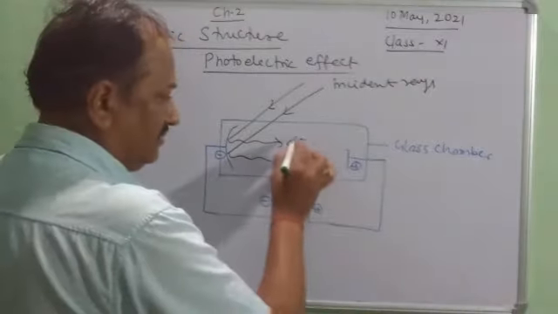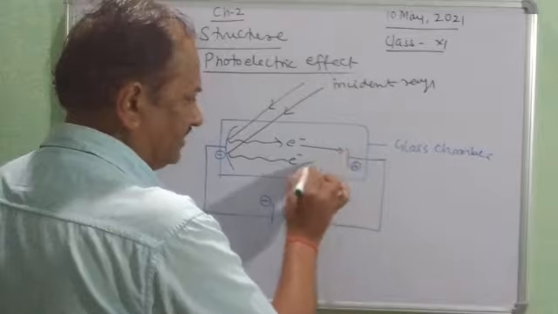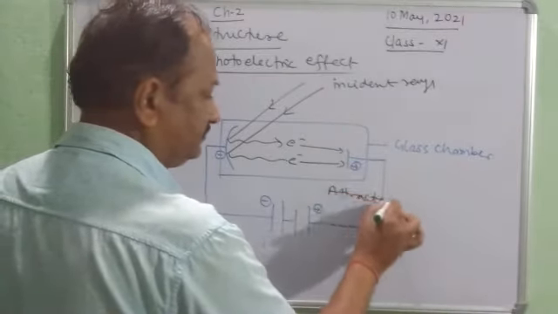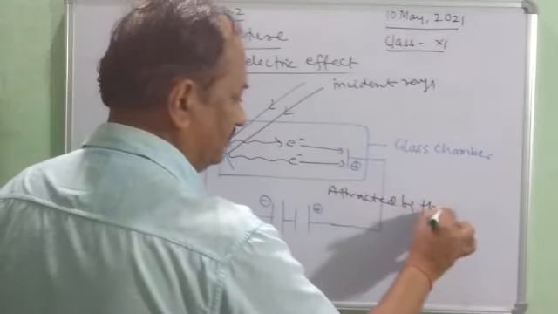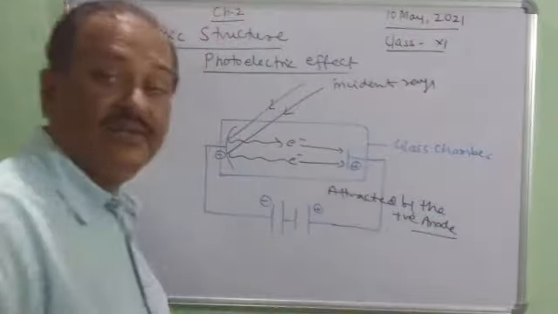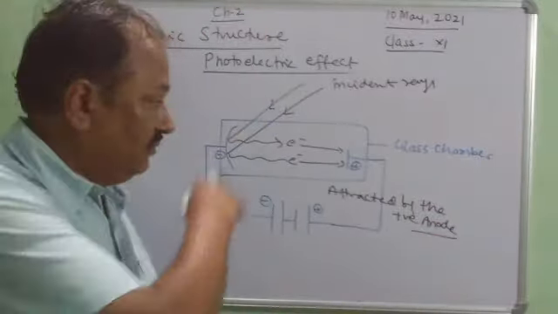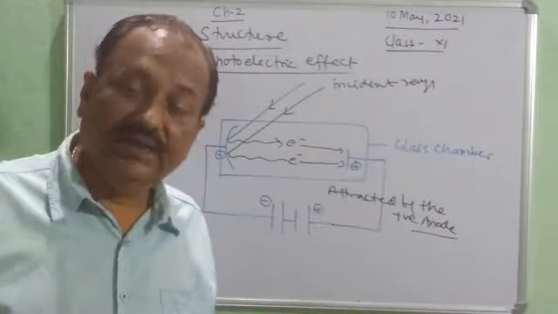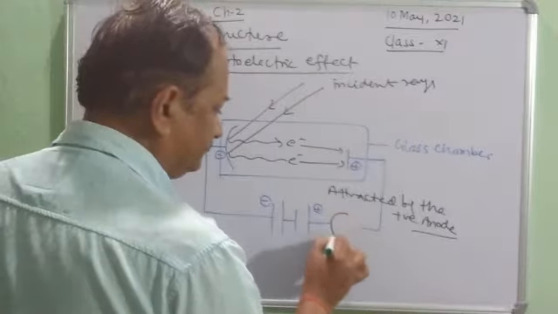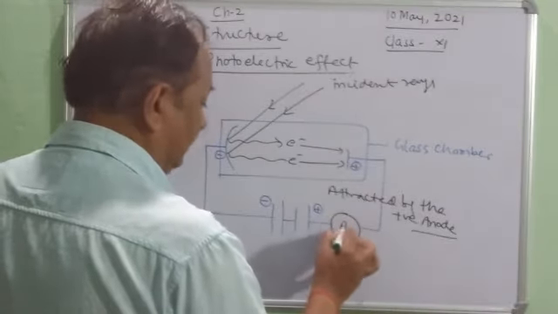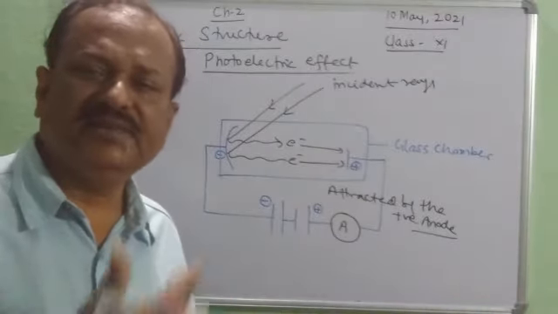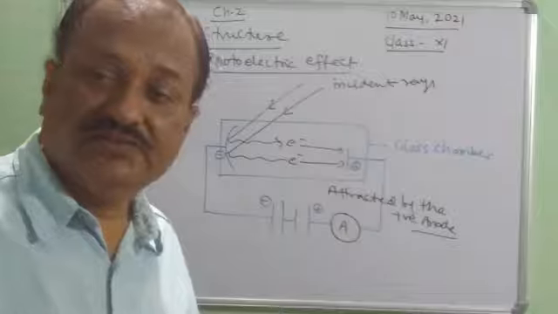These photoelectrons are attracted by the positive anode. And so there is the flow of electrons in the circuit, and if we put an ammeter here, it indicates the flow of current, and so this is the demonstration.